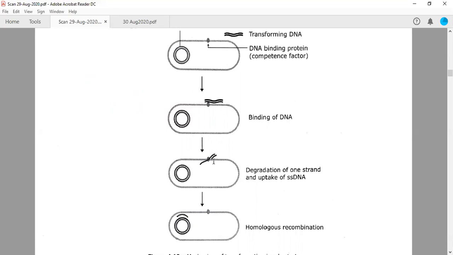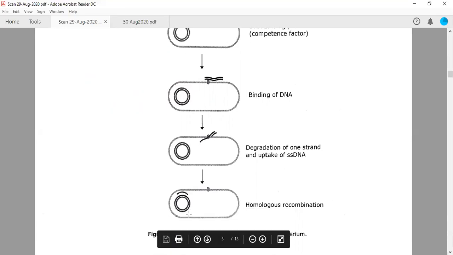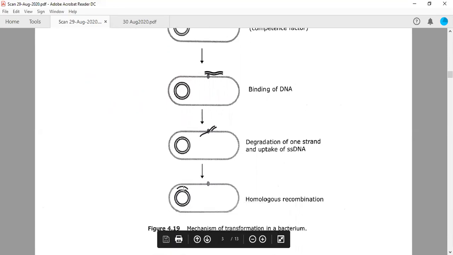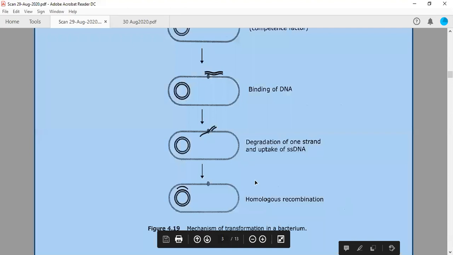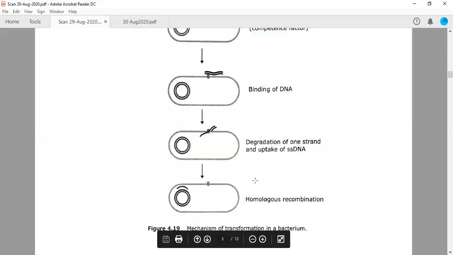So only a single strand of DNA will be taken up, and it will undergo homologous recombination with the genes present in the endogenote to make a transformed bacterium.